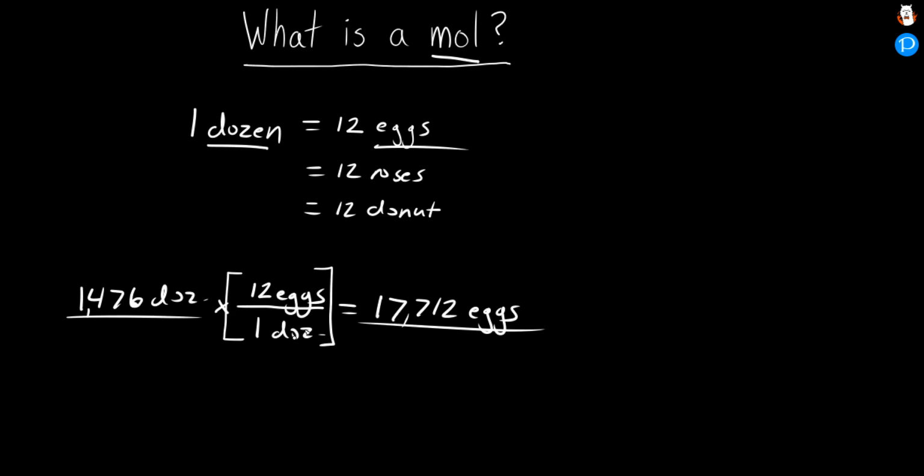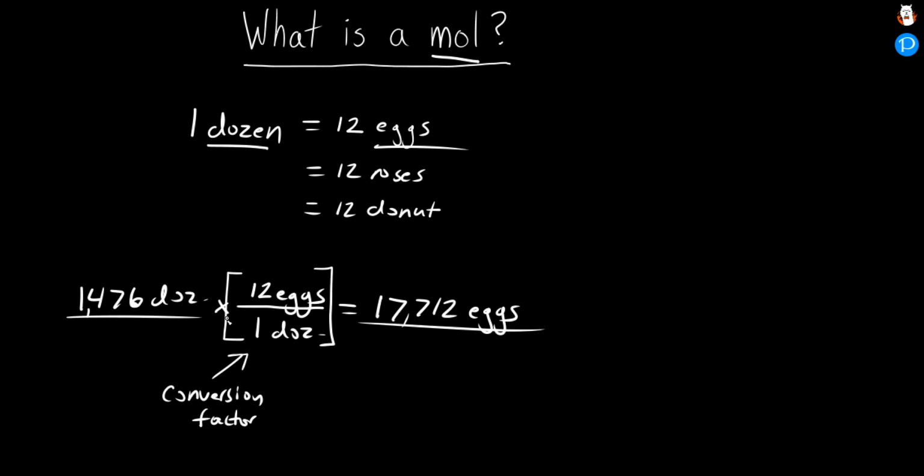And so when I do that, this is my conversion factor. So right here, this is called a conversion factor, which is basically just an equality. A conversion factor is just how many of one thing for how many of another thing. And it's a way to convert from one thing to another thing. In this case, converting from dozens to individual eggs.